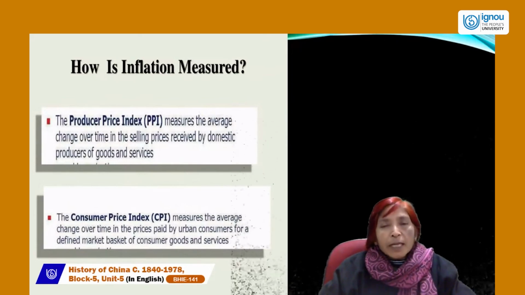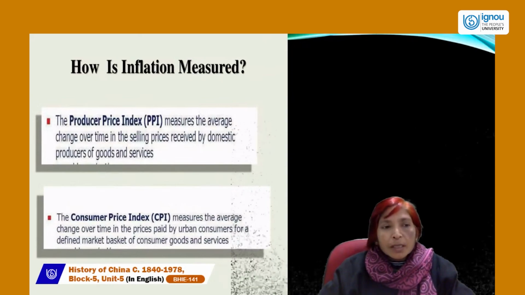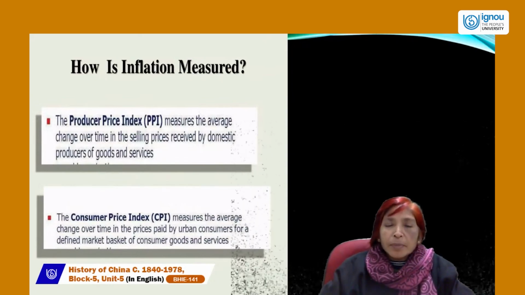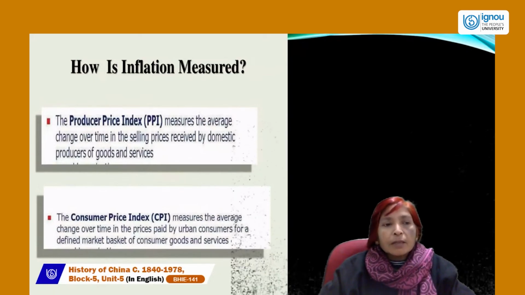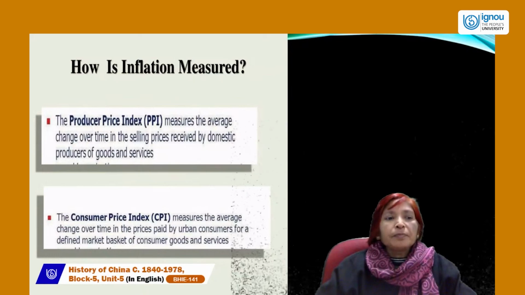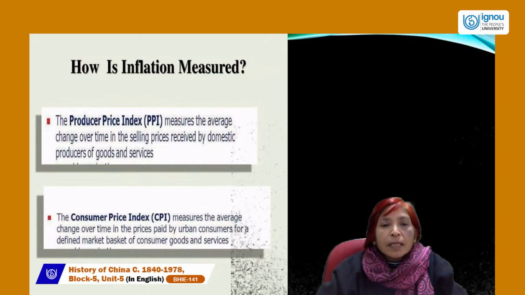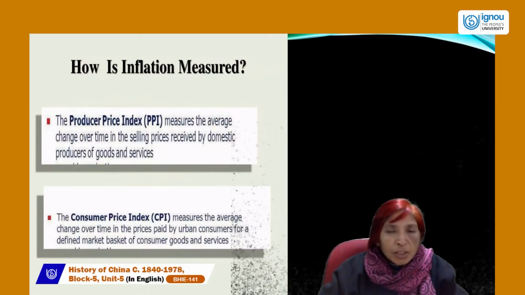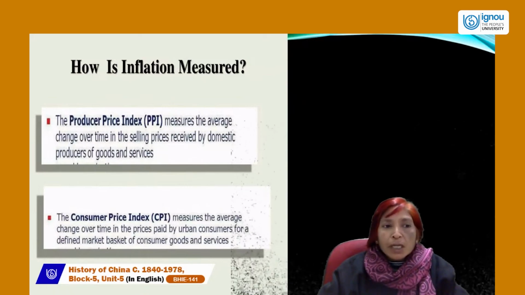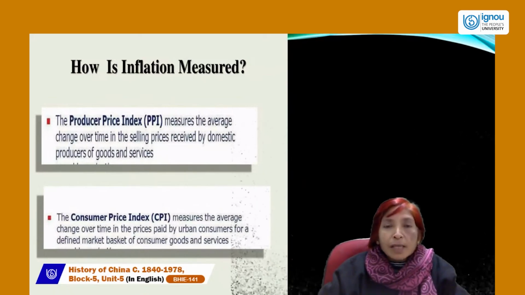The producer price index measures the average change over time in the selling price received by domestic producers of goods and services. So, producer price index measures the average change, or mean change, over time in the selling price.